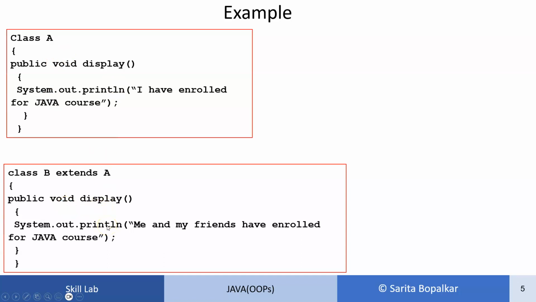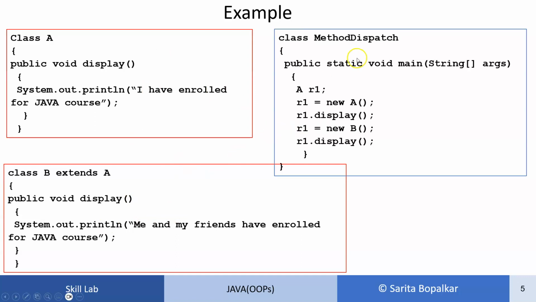Now to use these classes, we write an application class where our public static void main function is included. Within this, we first create a reference of the superclass. The superclass is class A, so A r1. This is our reference. Now we'll create different objects. So r1 is equal to new A. This is the object of the superclass.